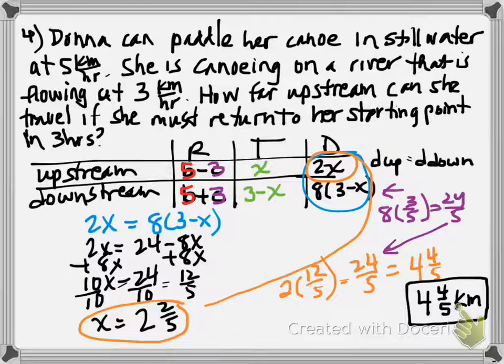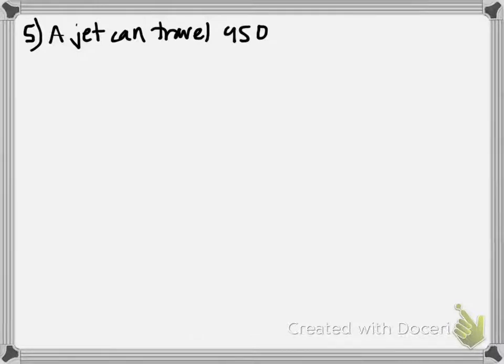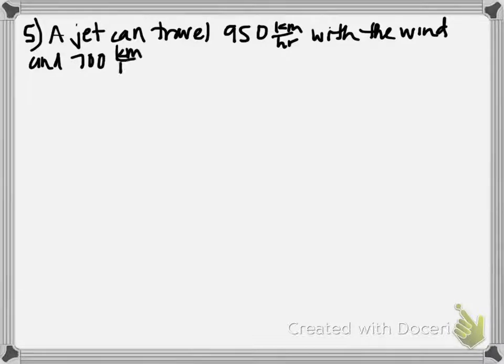All right, let's look. We have the last one to do that got totally taken off. And this one is: a jet can travel 950 kilometers per hour with the wind and 700 kilometers per hour against the wind.